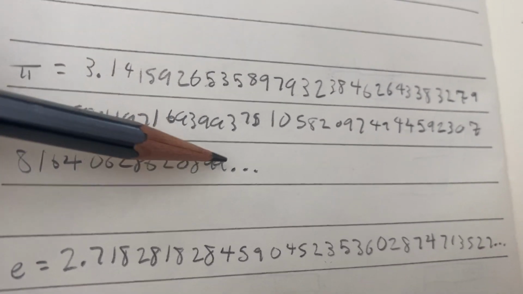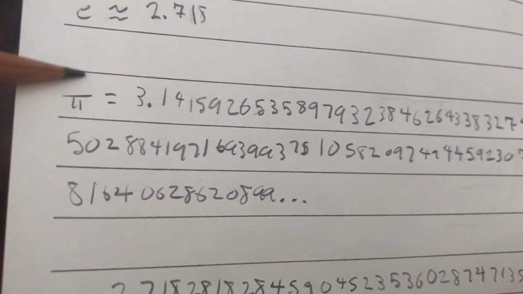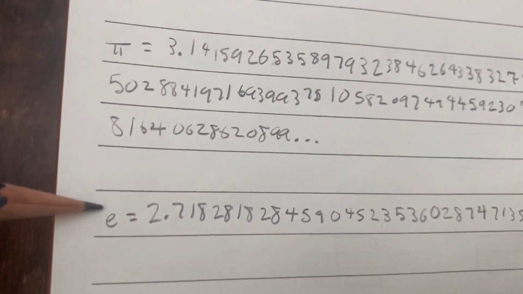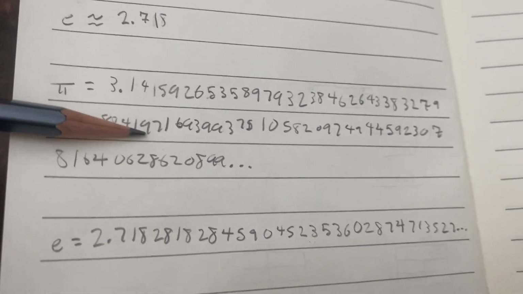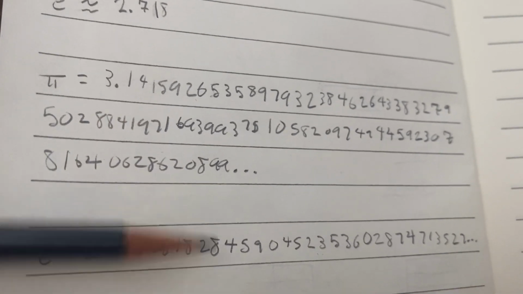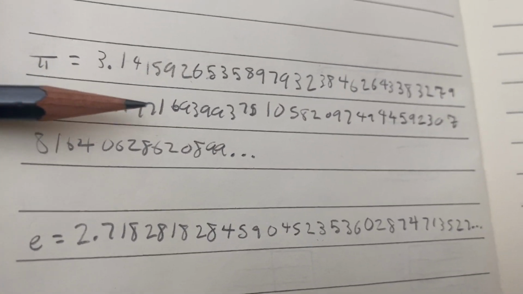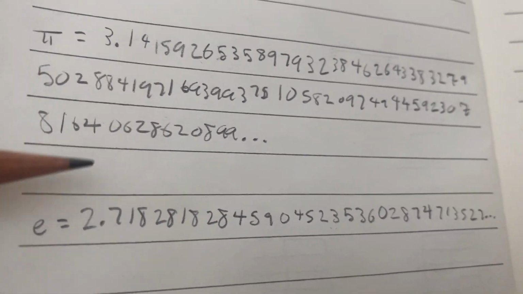These decimal places go on forever, and so it's much easier to write this little symbol or this little symbol than these entire sequences. Now, these do have very useful purposes in later math and are derived from very interesting things, but that is for a future video.